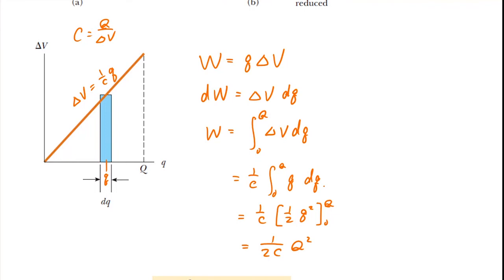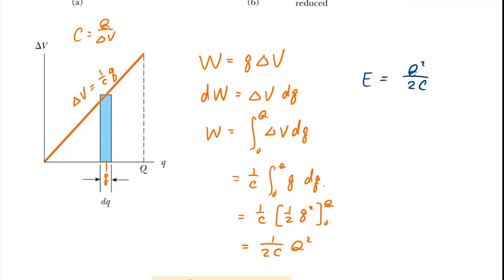Good? Okay. So this is the total energy that is stored in a capacitor. Let me summarize it here. The total energy stored in a capacitor is Q squared over 2C.